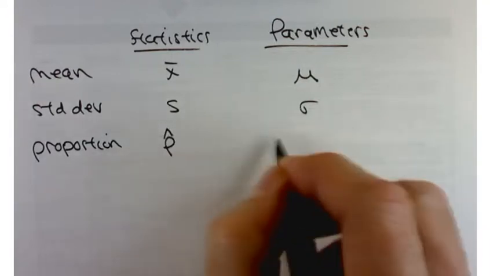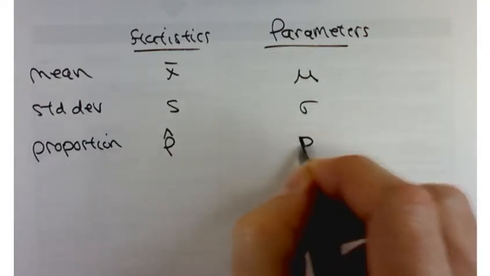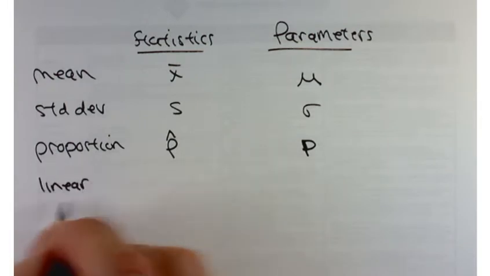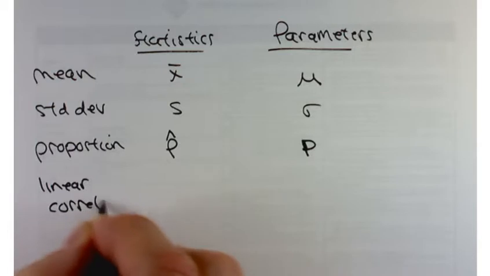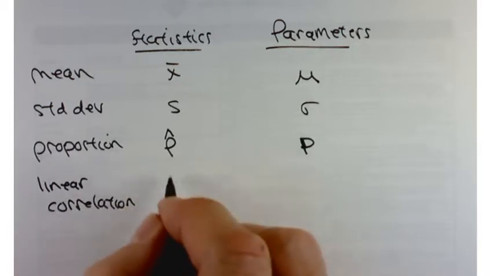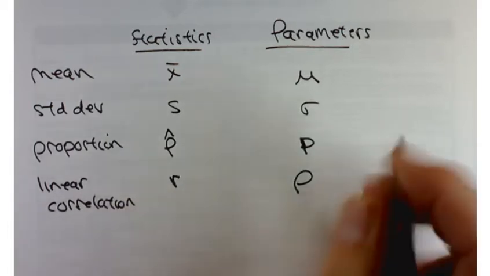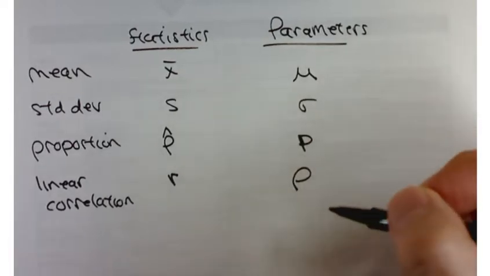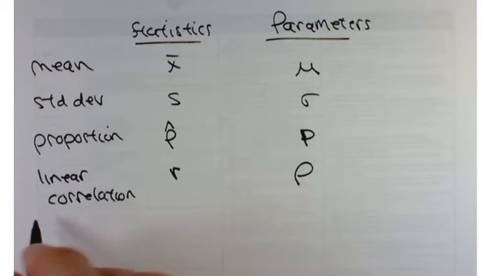And I really regret that they've used p and rho like this. And then our linear regression: y hat equals b1x plus b sub 0.